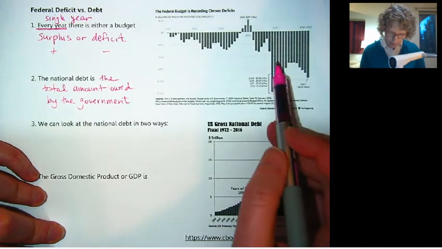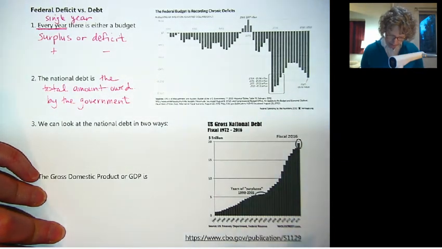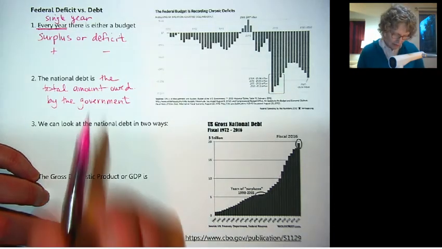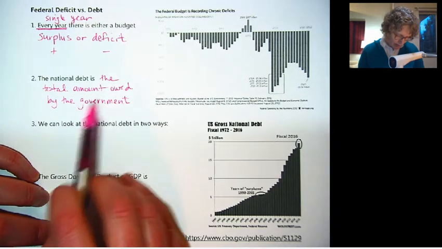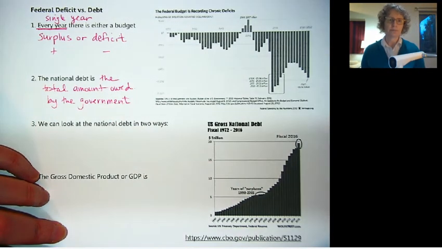You can see with these bigger ones, it's going up really fast. This is about 2016. Okay, so it's real easy to mess up the debt and the deficit, and I'm still working on getting it straight myself. So the debt is the total amount, and the deficit is just for a single year.